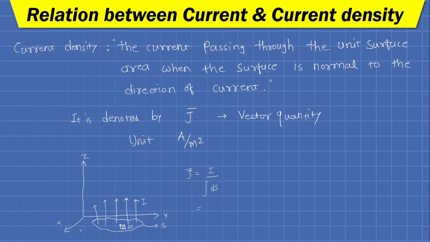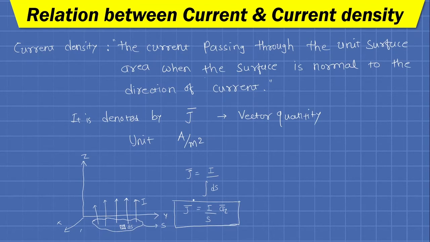Now if the current is uniform, then we can write I divided by S. And what will be the direction of J bar? It will be the same as the direction of current. So here J bar will be J times aZ bar. So this is how we can determine the current density.